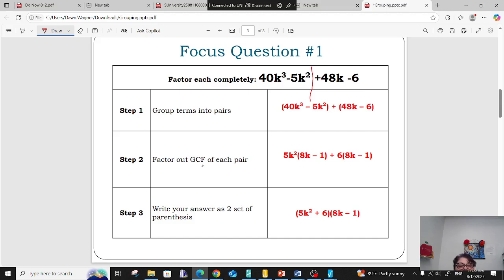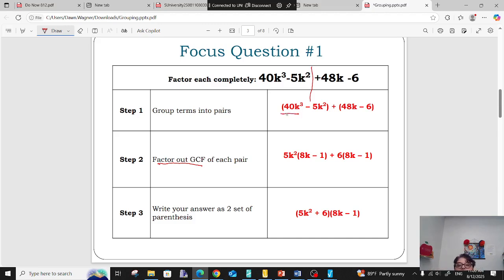Now you're going to factor out the greatest common factor, and they're going to be different. Over here, I have 40k to the third power minus 5k to the second power. What's the biggest number these two terms have in common? That'd be 5.